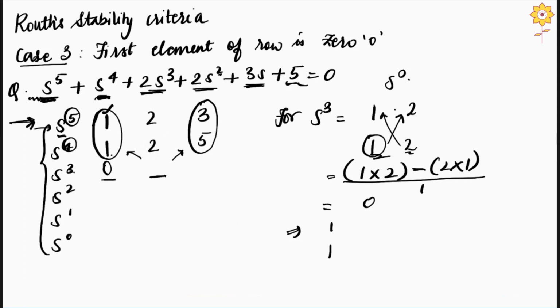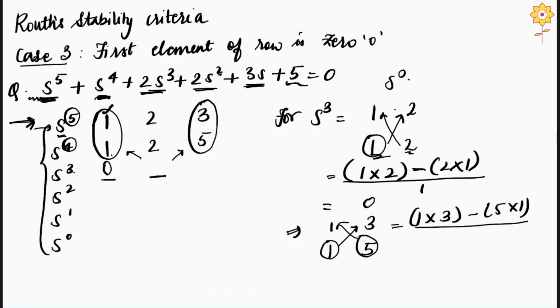So, please do not make a mistake, okay. So, we will write 3 and 5. Again, you start cross multiplying starting with this number. So, you have 1 into 3 minus 5 into 1 divided by 1, okay. After calculating, you will get 3 minus 5 divided by 1. So, the value is going to be minus 2, you will write it over here.